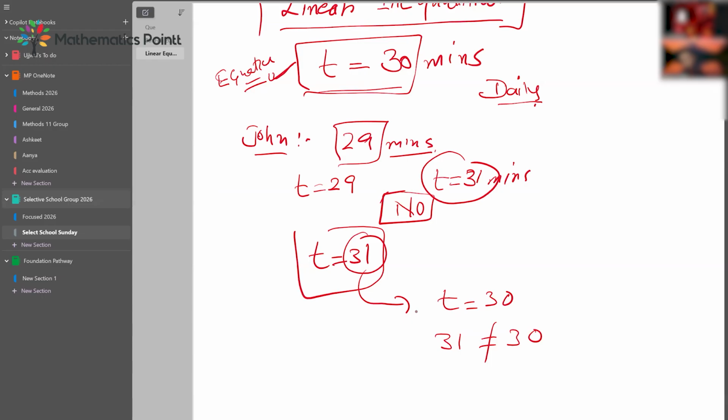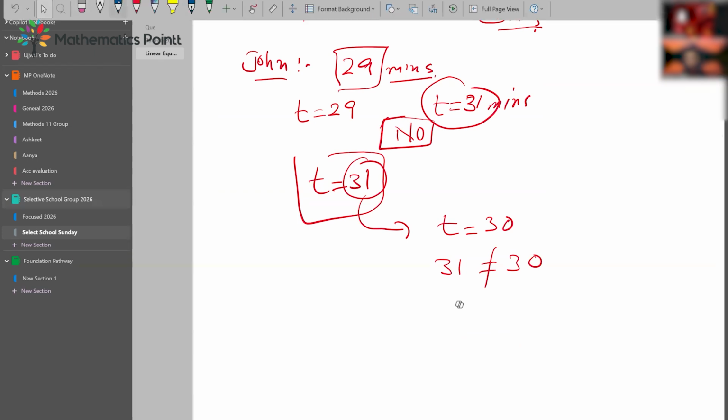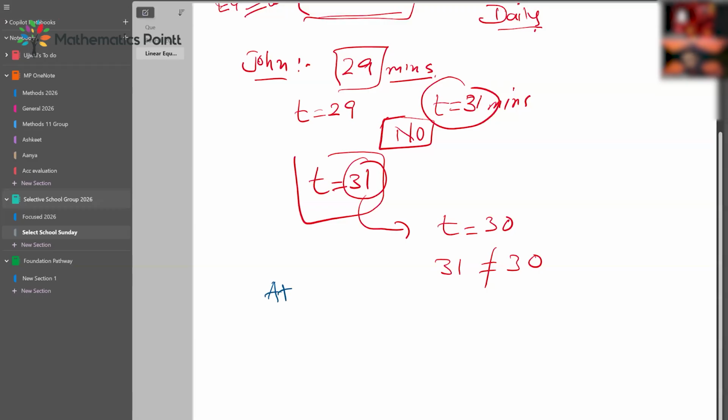Now let's change the scenario, right? The scenario now is that John's teacher says John should study, and I'll change the color of my pen, at least 30 minutes.